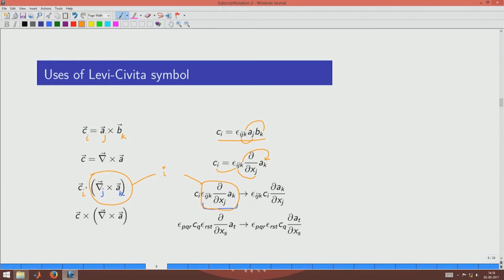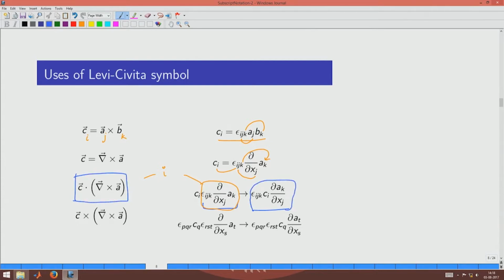So, we bring it out, and we can write it as epsilon I j k C I dou A k by dou x j. So, an expression like this can be written in this form.